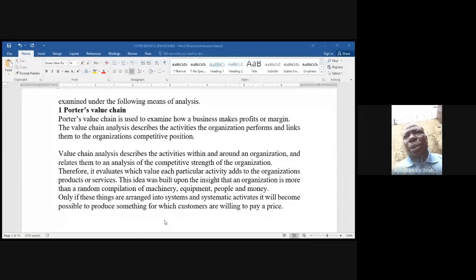So Porter's value chain is going to tell us that companies go beyond rational combinations of the four M's. So entities, companies, go beyond that. It is not enough to have materials, men, machinery, and money. According to Michael Porter, that is not enough for an entity to make profit.